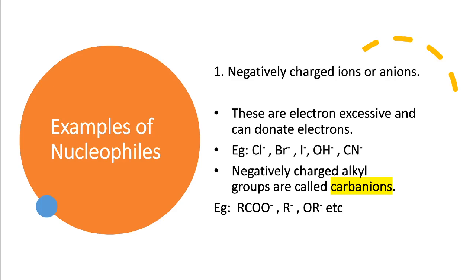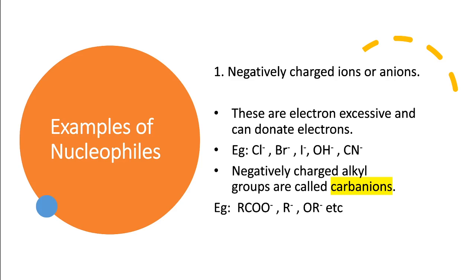Examples: Cl minus, chloride ion; Br minus, bromide ion; I minus, iodide ion; hydroxide ion, OH minus; CN minus. Like this we can give many examples. Any negatively charged ion acts as a nucleophile because of its excess of electrons, as it can donate electrons.